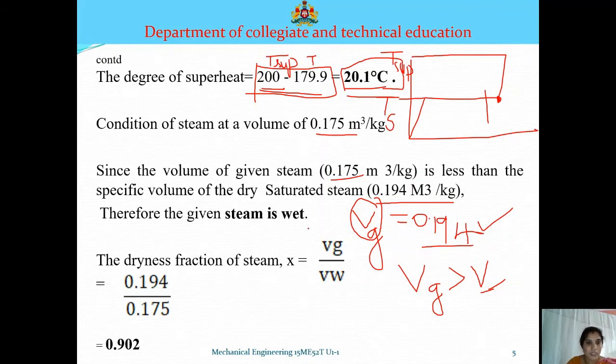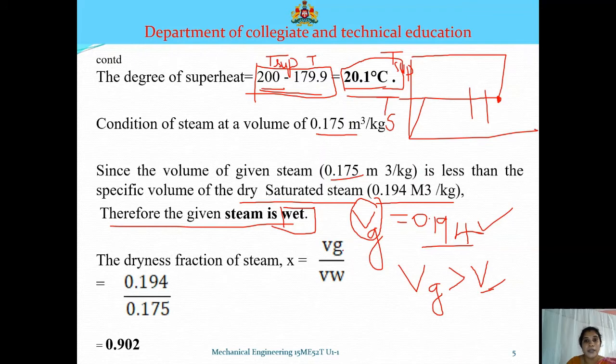In other words, since the volume of the given steam, 0.175, is less than the specific volume of dry saturated steam, we conclude that the given steam is wet steam.